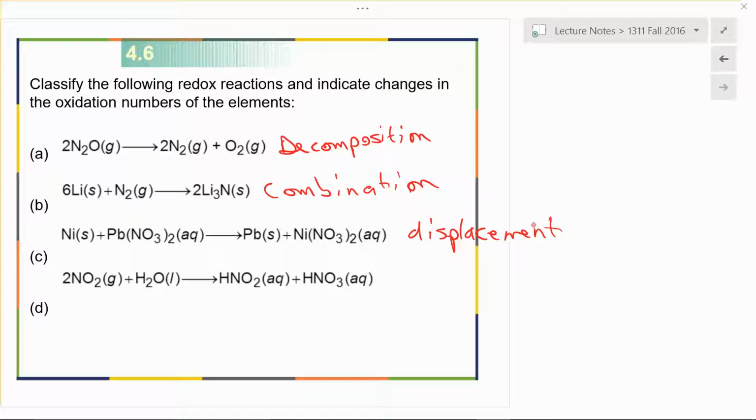If it was a hydrogen that was being displaced, if this was a hydrogen instead of a lead and the hydrogen was nitric acid, the nickel could displace the hydrogen. That would be hydrogen displacement, but this would be metal displacement. Okay? How about that one? Nope, not.